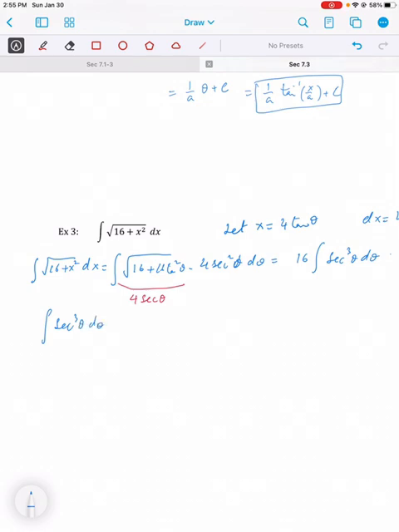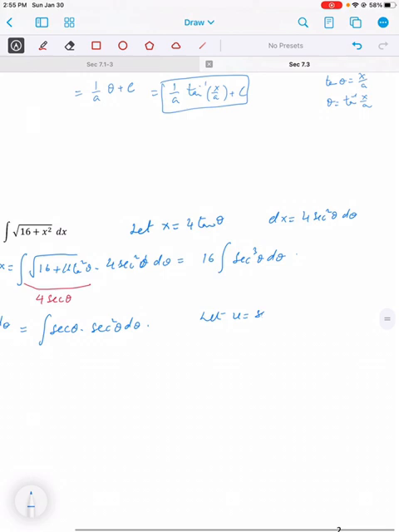So remember, secant cubed theta d theta, we do it by integration by parts. We write it as secant of theta times secant squared theta d theta, and we say let u equal secant of theta, dv equals secant squared theta d theta. So du is secant theta times tangent theta, and v is just tangent theta.